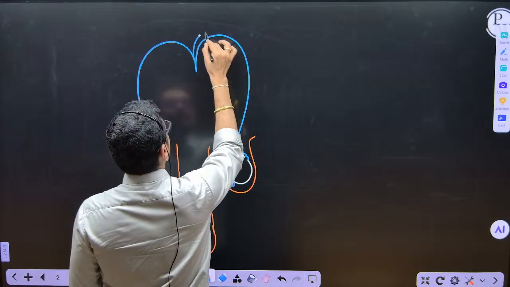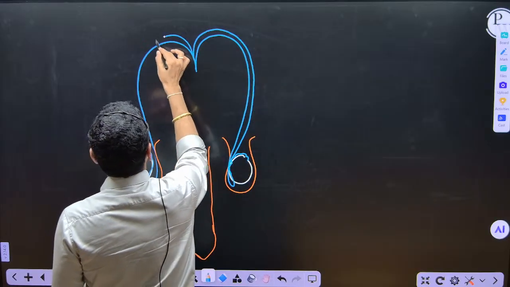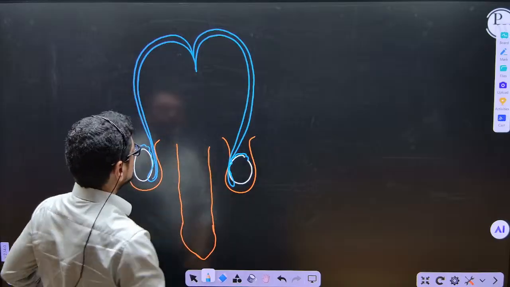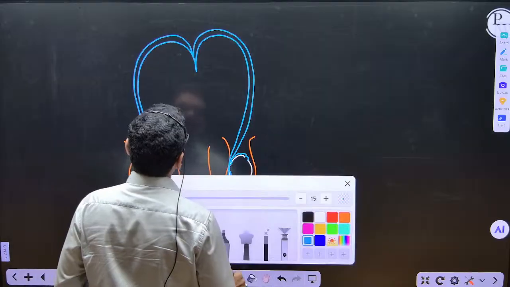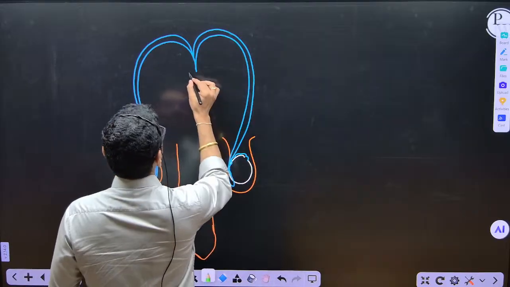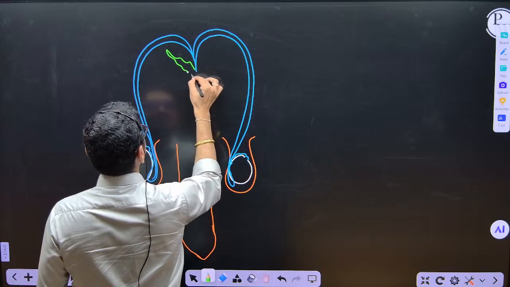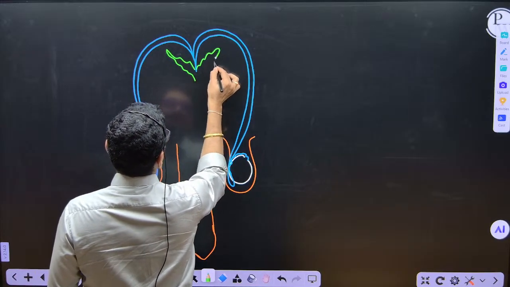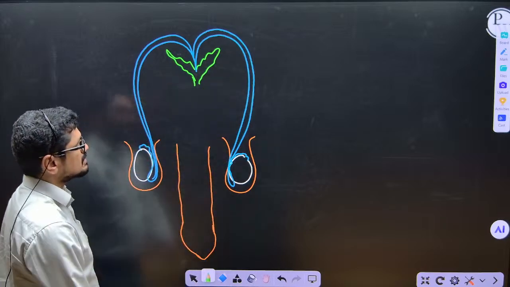Two epididymis are present. The two epididymis merge with the seminal vesicles, right? The two seminal vesicles should be present here. So this is one seminal vesicle, and this is another seminal vesicle. Like this, two seminal vesicles are present.